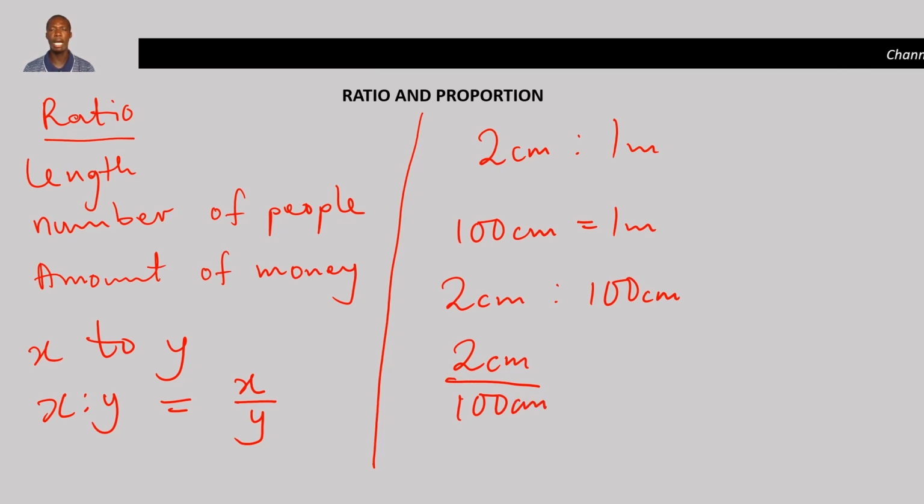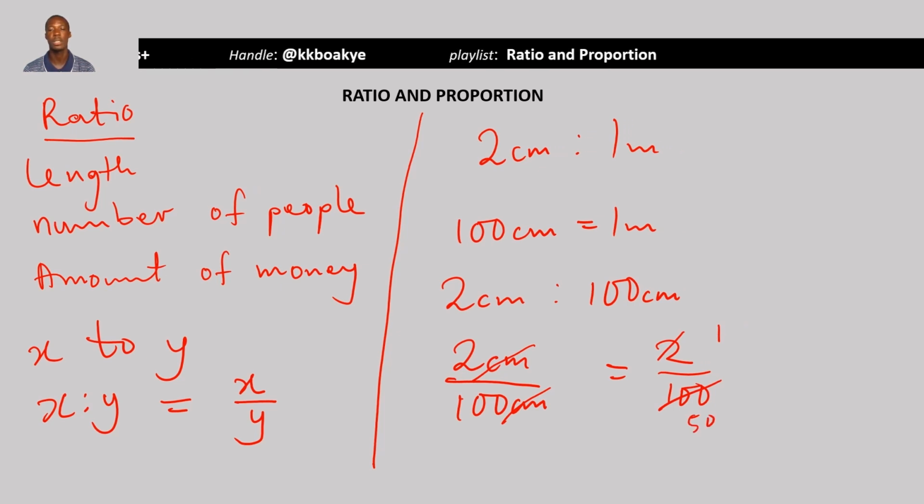When you look at it, you see that we have centimeters dividing centimeters, so centimeters will cancel centimeters, giving us 2 over 100. Here too, 2 can go into 2 once and into 100 fifty times. And so our final answer will be 1 over 50, and that can be expressed as 1 is to 50.